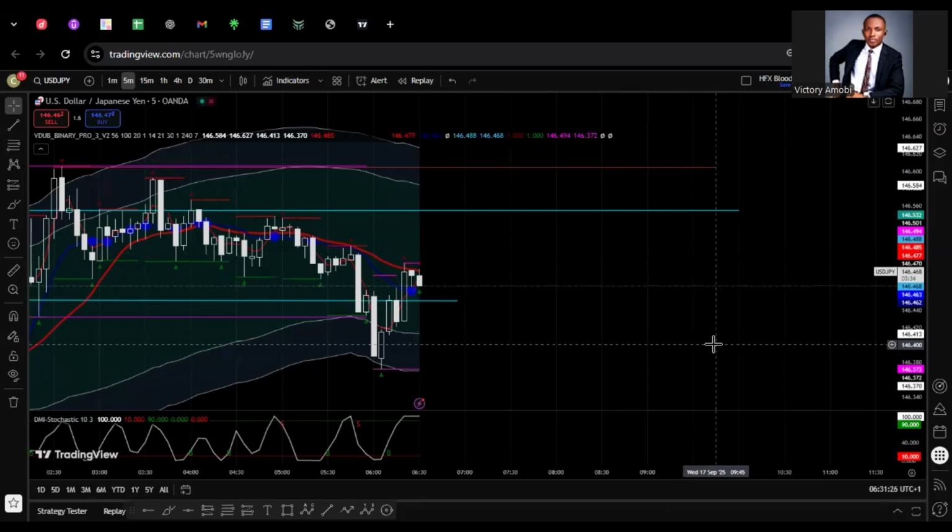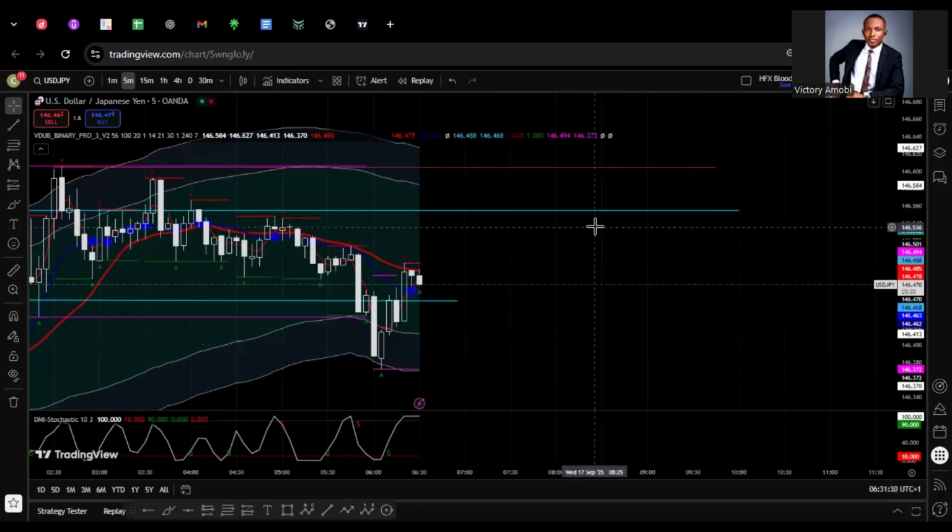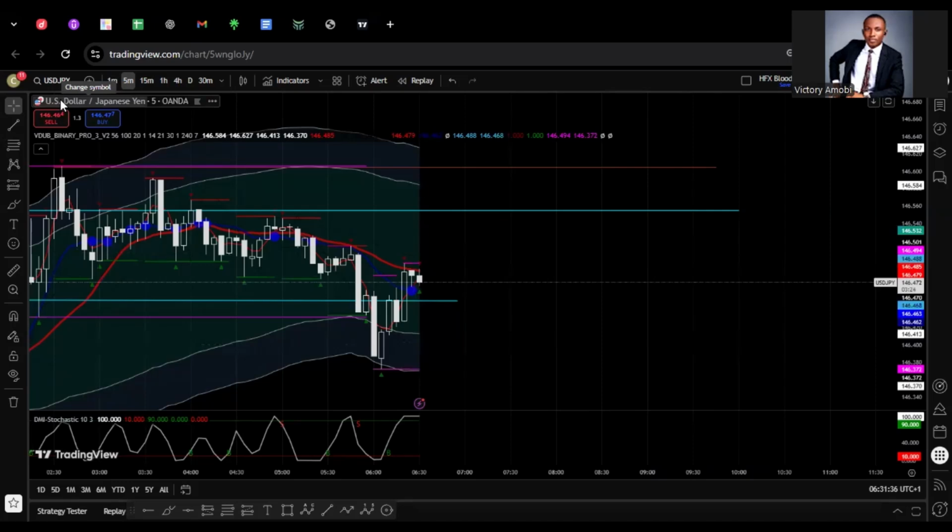Now, if you're saying that the market is going downwards, or you're expecting a downtrend, and in your currency strength meter, JPY is weaker than USD, that means you might be wrong in your analysis. Perhaps you might be, but if you're looking at a downward market, Japanese yen should be stronger than the US dollar, at least for the time being, that the market is trending downwards.